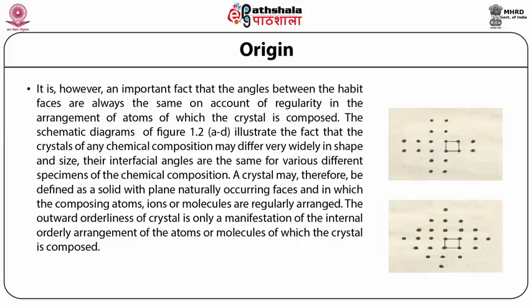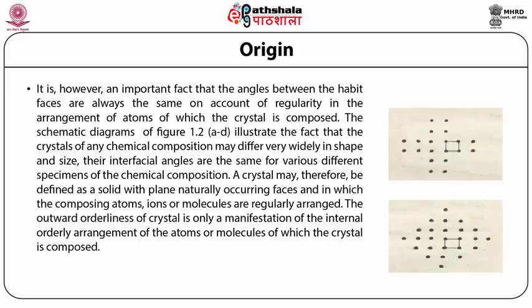The schematic diagrams of figure 1.2 A and B illustrate the fact that the crystals of any chemical composition may differ very widely in shape and size. Their interfacial angles are the same for various different specimens of the chemical composition.